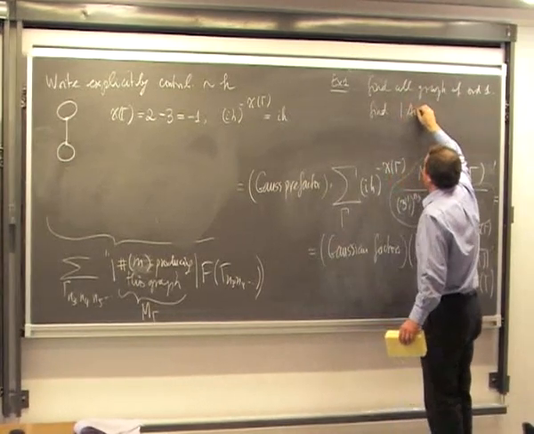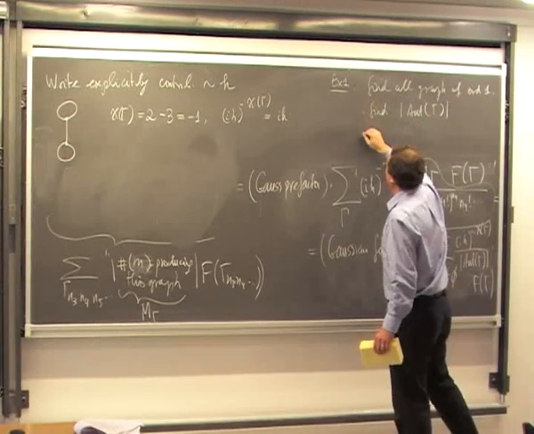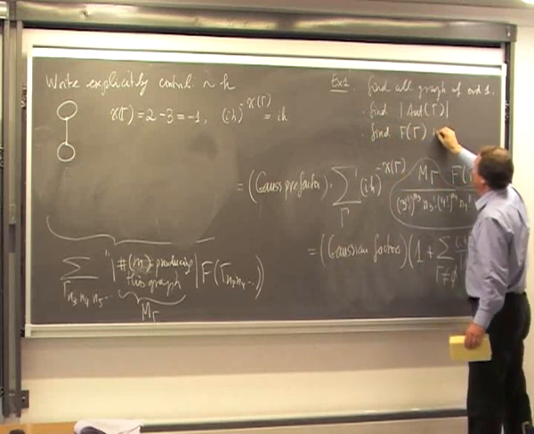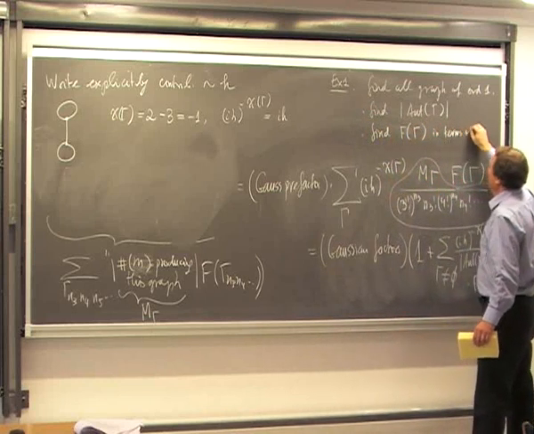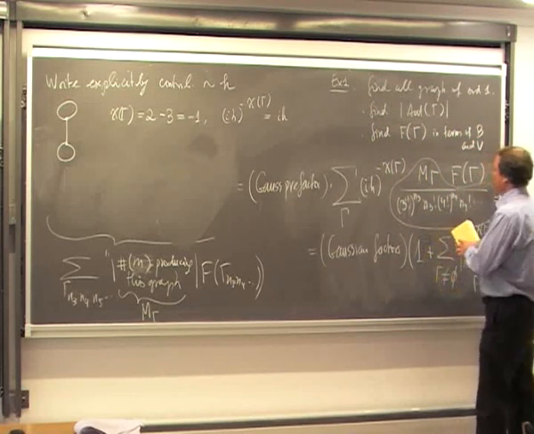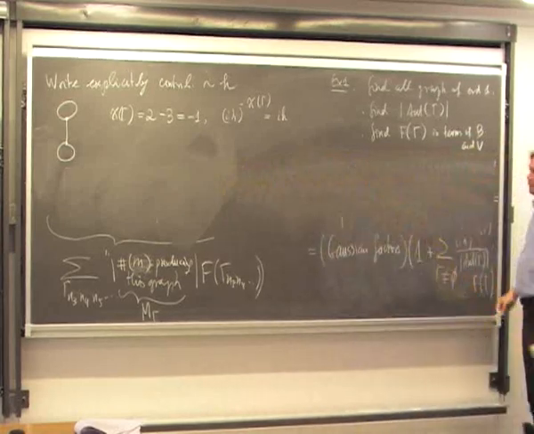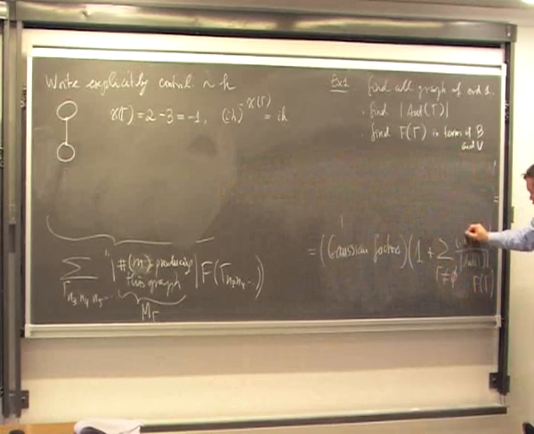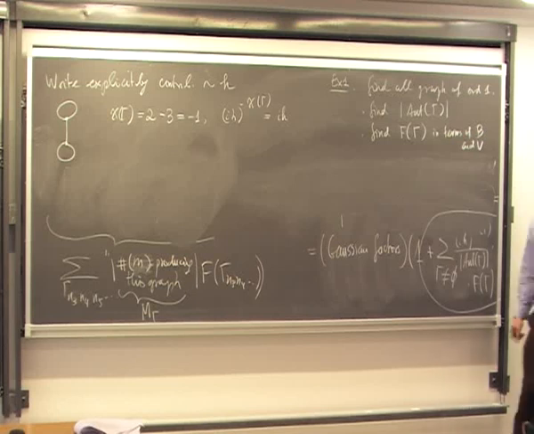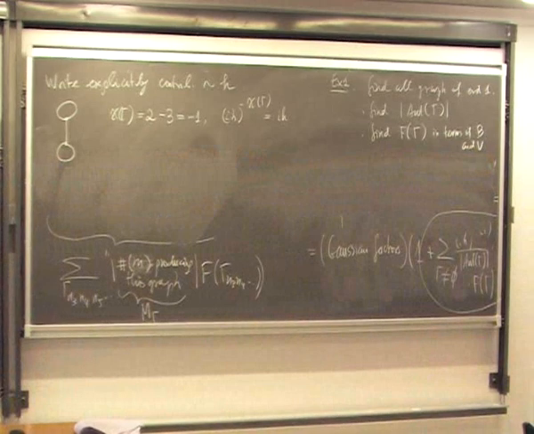Find the size of the automorphism group for each graph, and find f of gamma in terms of b and v for each of these graphs. And the formula is for the contributions here. So you can start now. You have 5 minutes to do this problem, and then we will do it together.